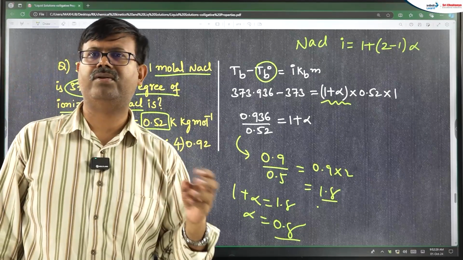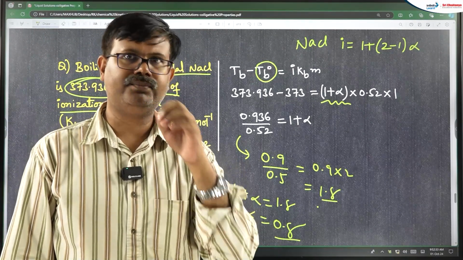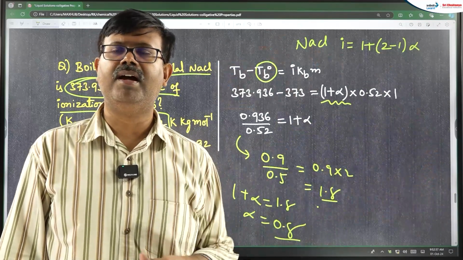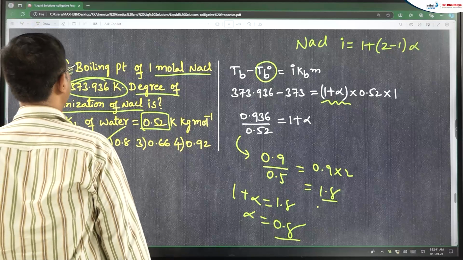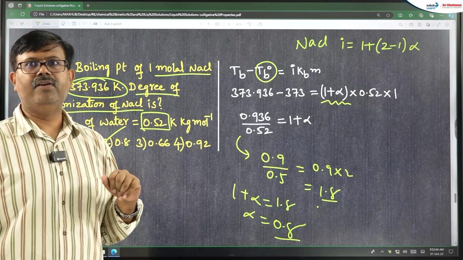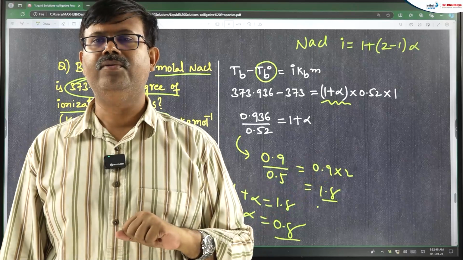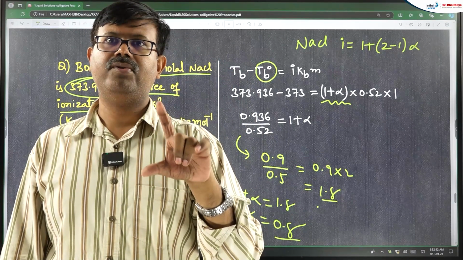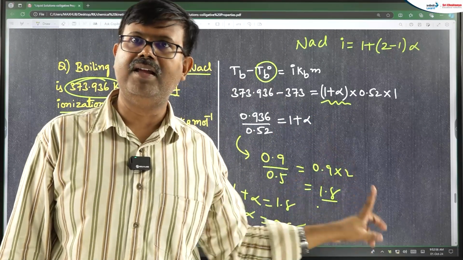So see which option has 0.8. If you take closest approximations and proceed, it will save you a lot of time, which will help in solving other questions and getting more marks. That's it. I hope this discussion is helpful to you. Always remember, whenever you are using colligative property formulas, always use the correction factor i also.